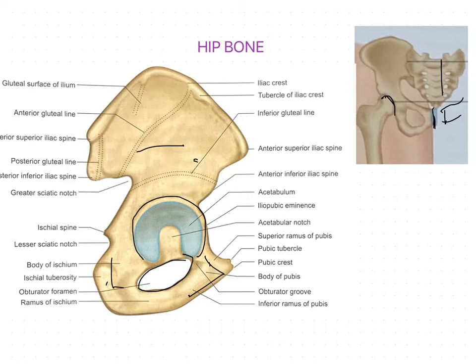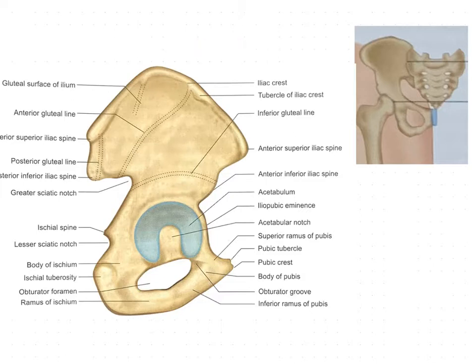Now, the side determination of this hip bone. We have seen the major parts of the hip bone. In this hip bone, the acetabulum should be directed laterally.